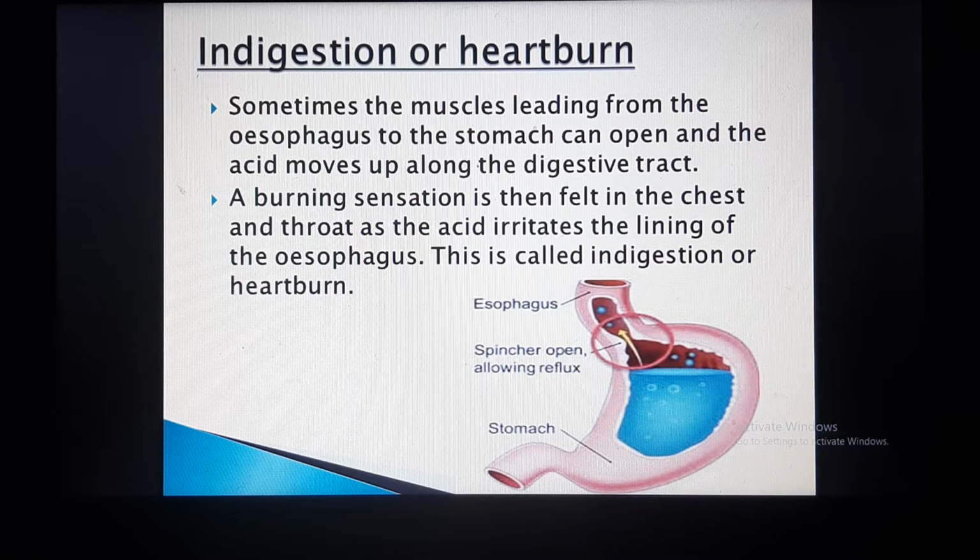Why are we feeling this chest and throat irritation or heartburn? Because of the acid. Acid is a strong acid. When it goes to the esophagus, we feel the burning sensation in the throat and chest because this acid is irritating it.